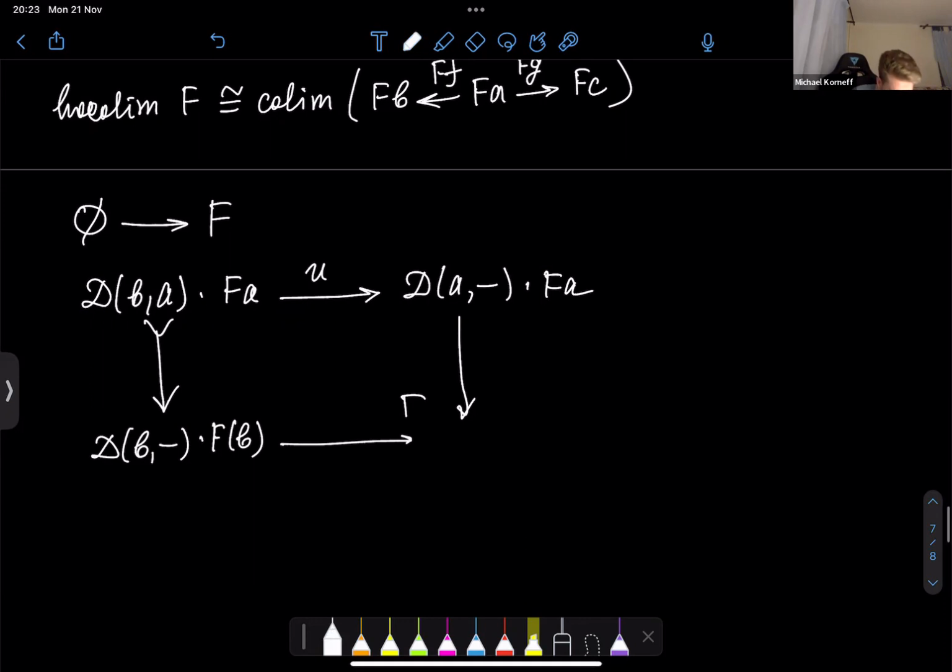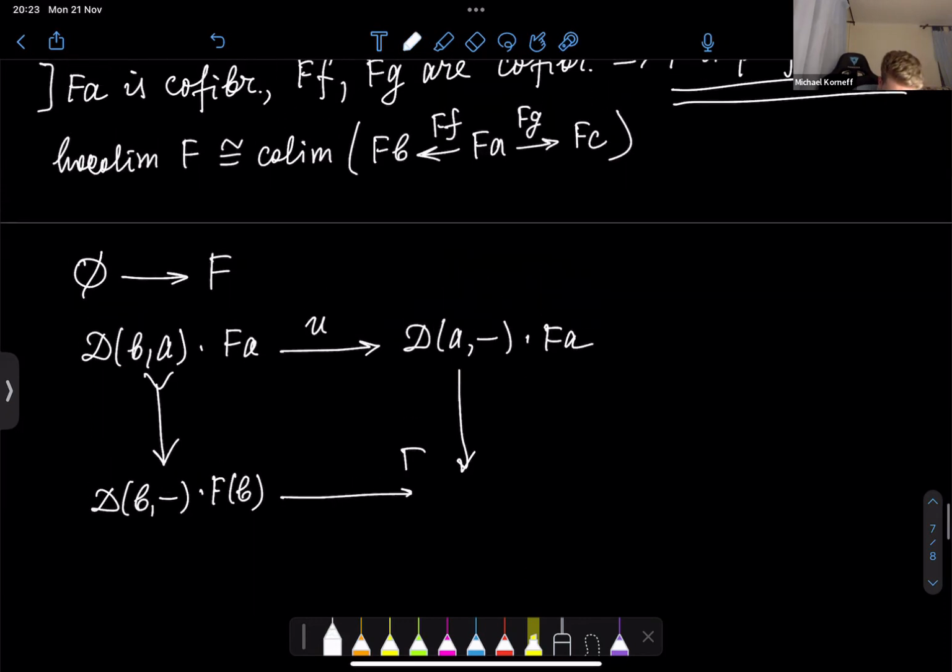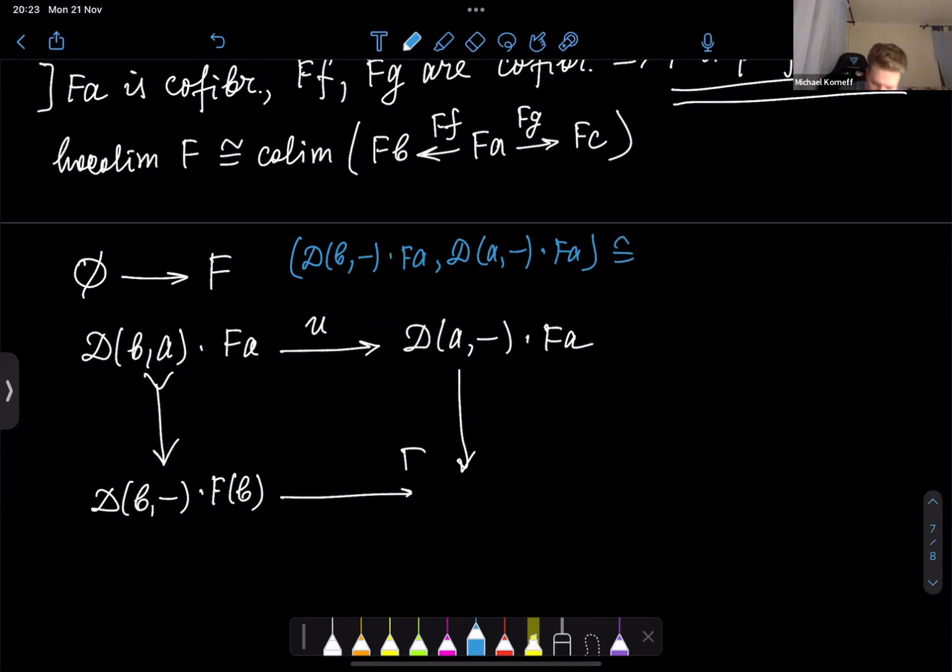from the adjunction. What is the adjunction? We know that this set of maps is isomorphic to the following set.